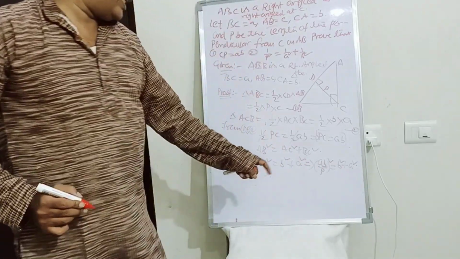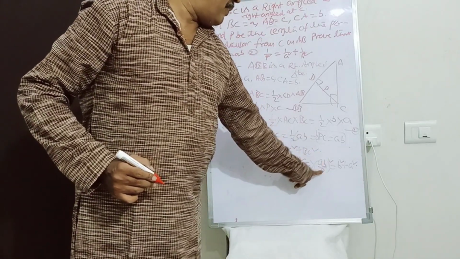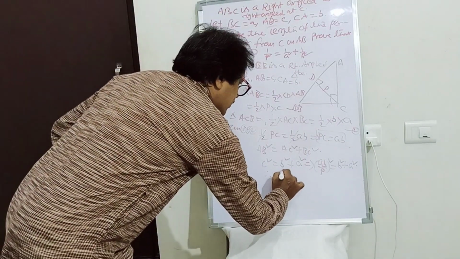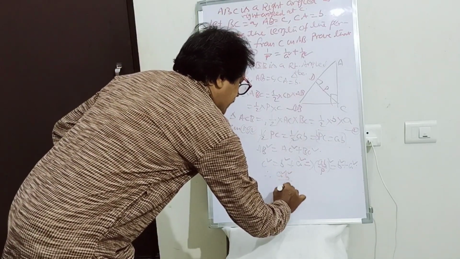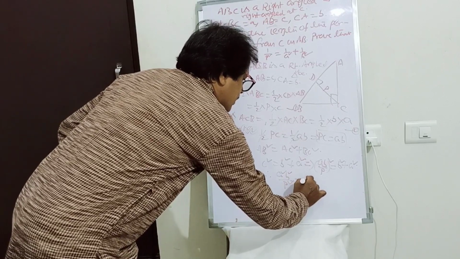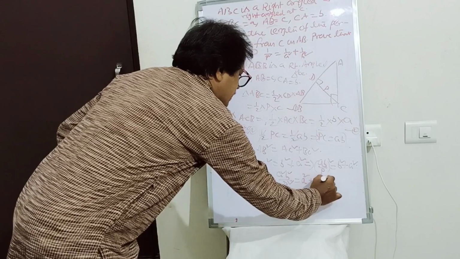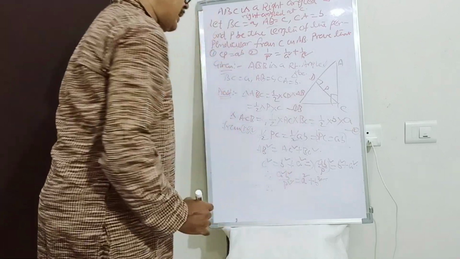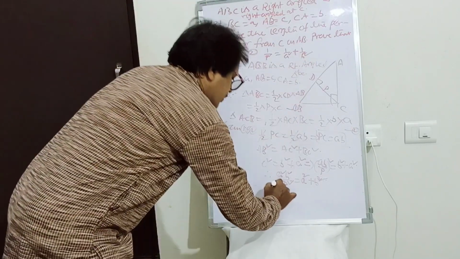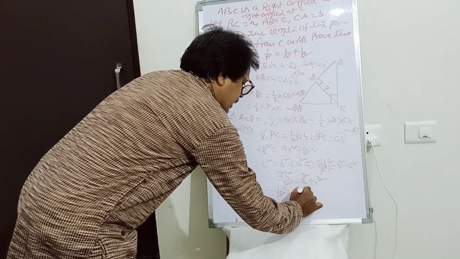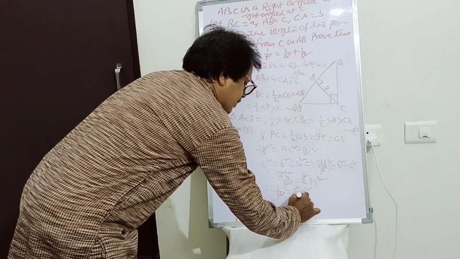So what we get here? a square b square by p square is equal to a square plus b square. I am going to bring this numerator a square b square to the right side, which will become 1 by p square is equal to a square plus b square by a square b square.